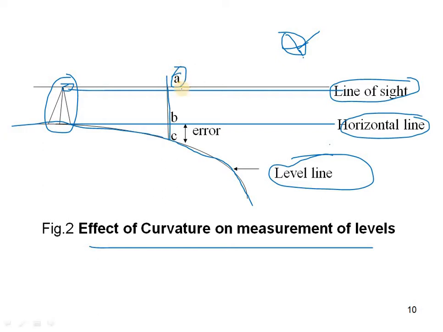The reading at the top is A, the reading at the bottom of the instrument is B, and at the curvature we get C. The difference from B to C is called curvature error. In 200 meters, if you take it nearly constantly, we will get these differences, known as curvature error.